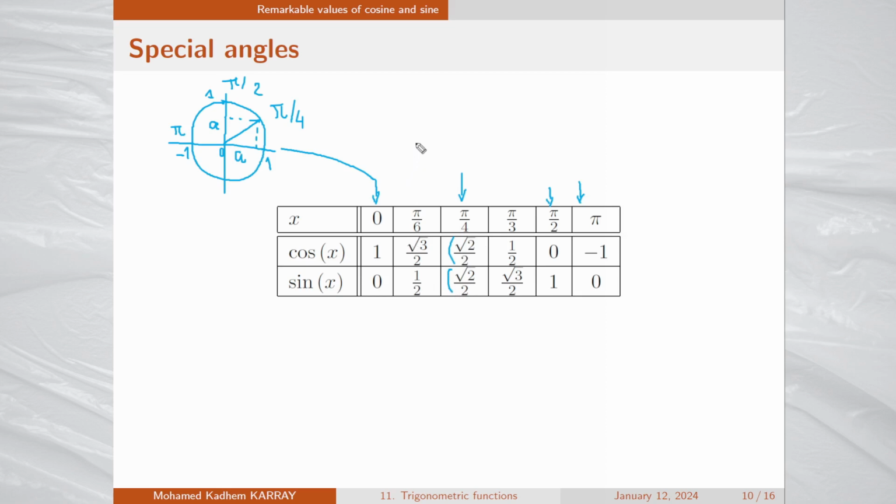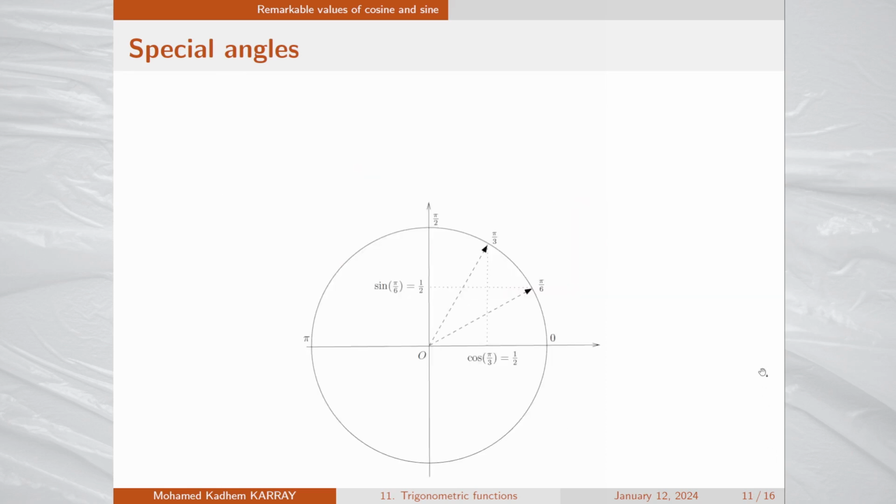Now, in the next slide, I will show you how to retrieve the values of cosine and sine of pi over 6 and pi over 3. Here is again the trigonometric circle. Consider firstly, for example, the angle pi over 6, which is the angle here. You see that the sine of this angle comes here in the half of this segment, so the sine of pi over 6 equals 1 over 2.